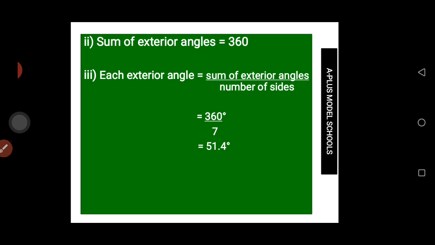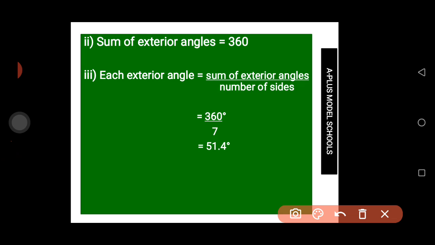Now, for us to calculate the value of each exterior angle of that heptagon, that will be the sum of the exterior angles, which is 360 degrees, divided by the number of sides. And that is why we cannot get the value of each exterior angle if we did not look for the number of sides.